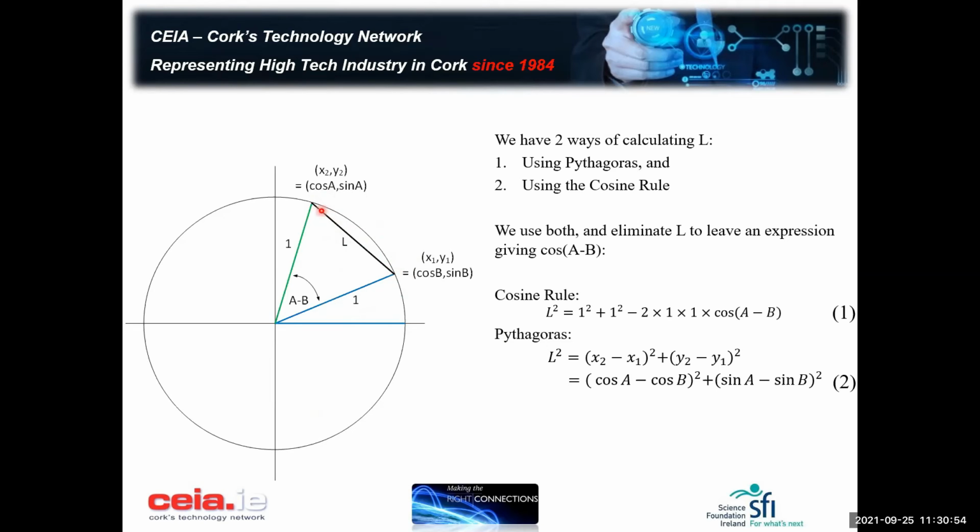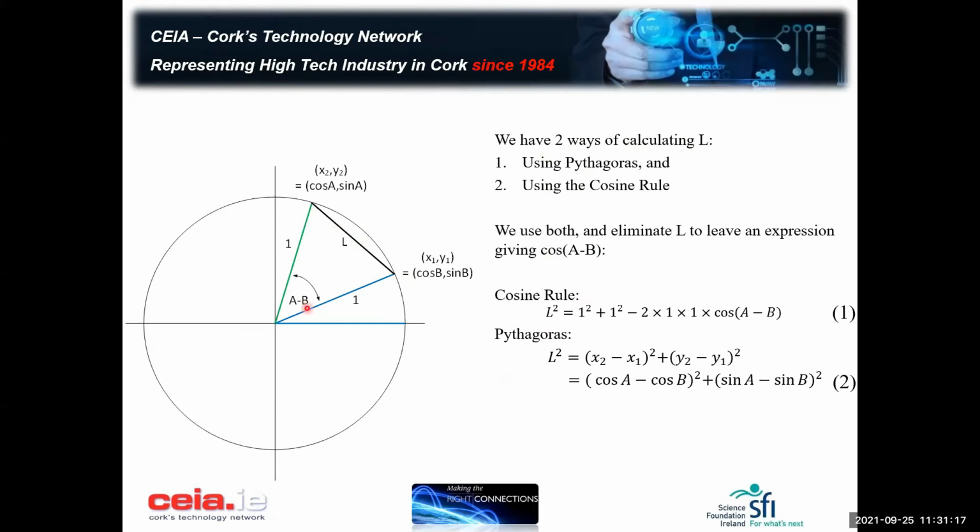In fact, it's convenient to work out L squared rather than L, because L squared occurs in the cosine rule. So using these two ways of calculating L, we can then eliminate L, and we're left with a formula for cosine of A minus B. That's a general strategy. Let's go through the details of that.